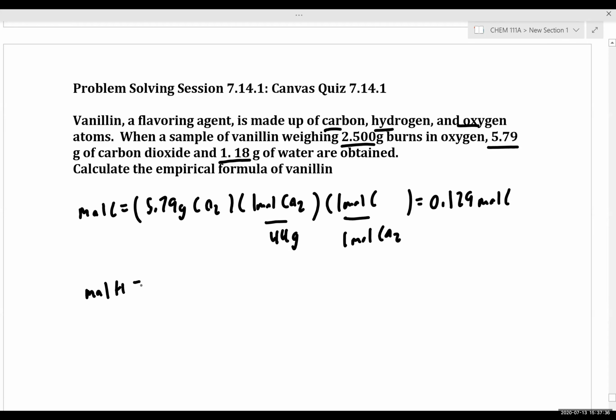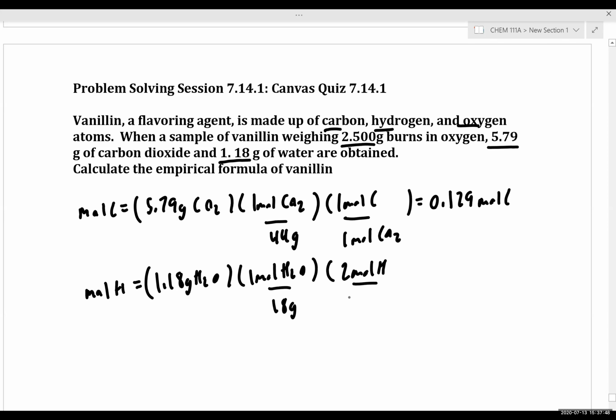For our moles of hydrogen, we have 1.18 grams of water. We know we have 1 mole of water per every 18 grams, and we have 2 moles of hydrogen per every 1 mole of water. So punching that in, that gives us 1.18 over 18 times 2. That gives us 0.1311 moles of hydrogen.